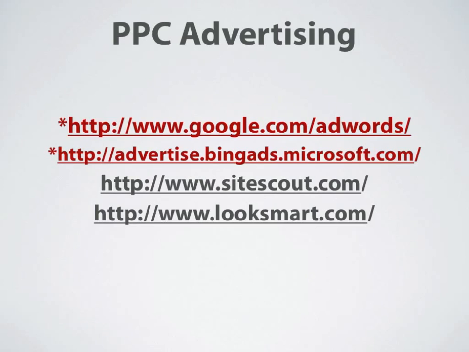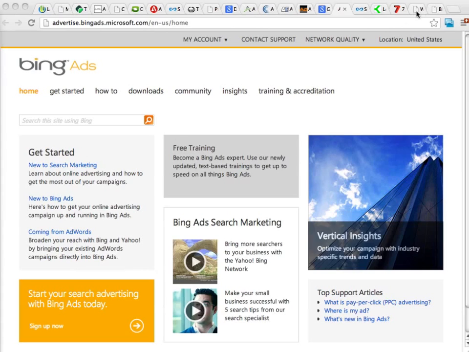Another great PPC advertising resource is Bing Ads, and you can find them right at advertise.bingads.microsoft.com. As we can see, they have a nice interface here. A great thing about Bing Ads is they're generally not as expensive as Google AdWords, and not as restricted either. They're a little bit more lenient.